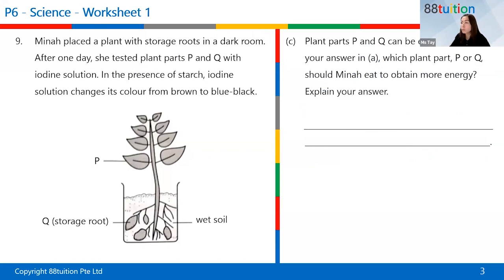If I were to look at your answers for last week, let me see. Okay, many of you talk about storage roots being starchy. Let me show you the answers.